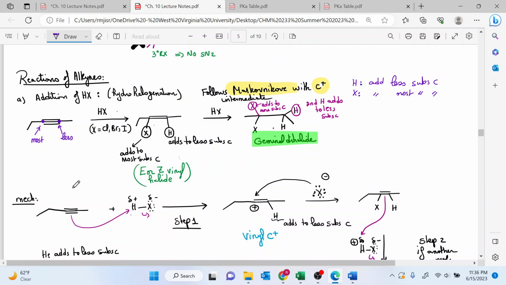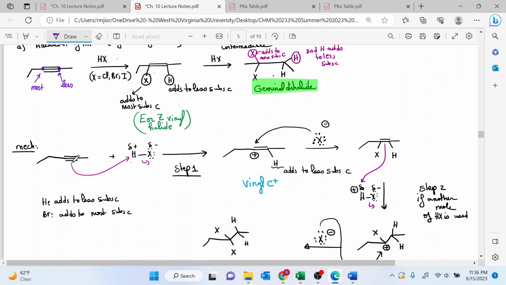So the reaction is going to start by the triple bond being our nucleophile. And that triple bond is going to open up and pick up the hydrogen. So it's going to pick up the partial positive hydrogen. Every time you make a bond, you break a bond.